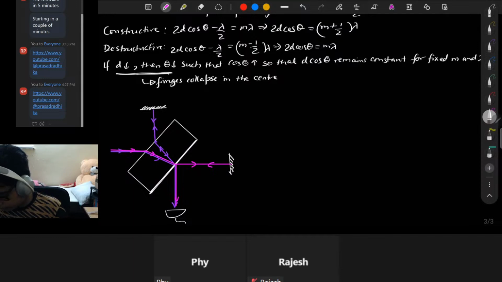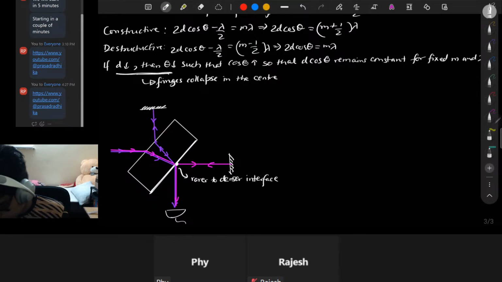Okay, now at this particular point you have a rarer to denser interface. So because of this you have a pi phase shift in the pink ray.